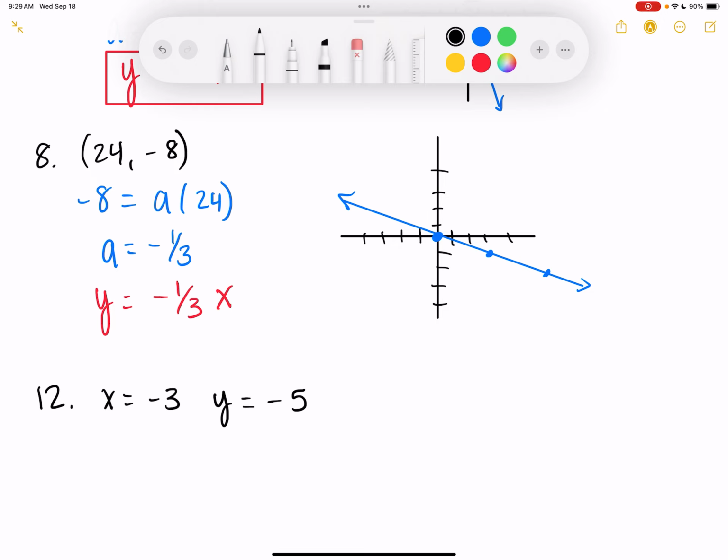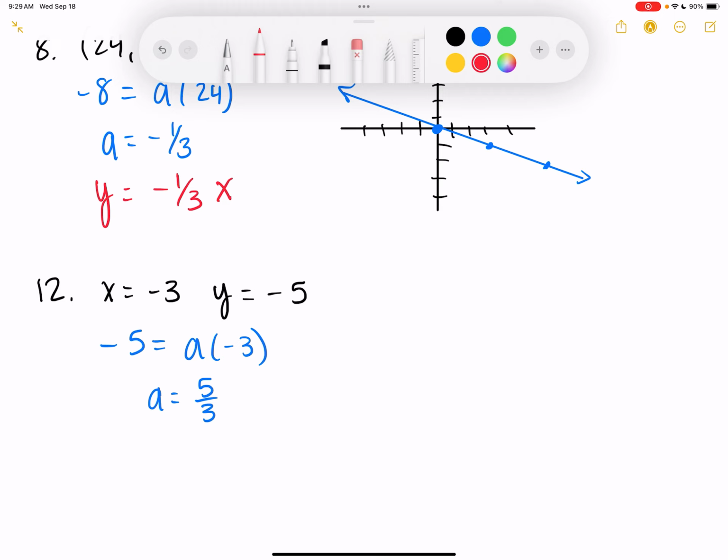I plug it in still: y equals ax, so negative 5 equals a times negative 3. So what does a equal? A equals 5/3. It says to write an equation that relates x and y, so I need to plug this back in.